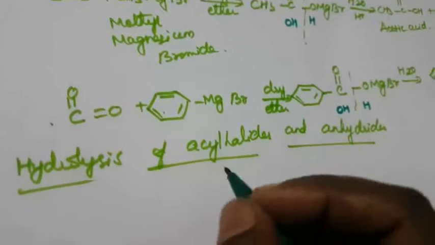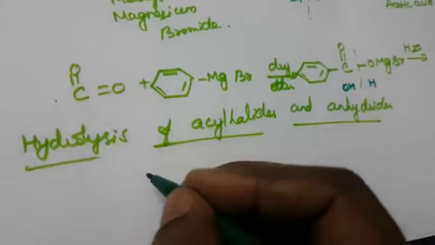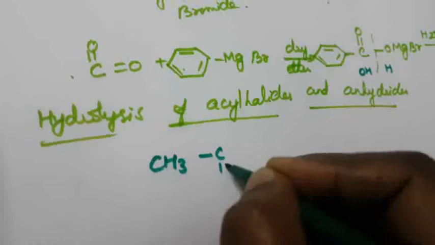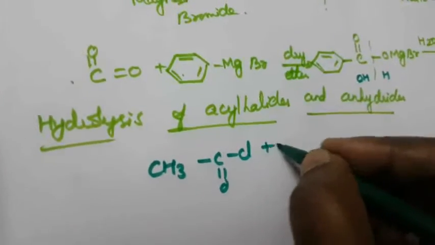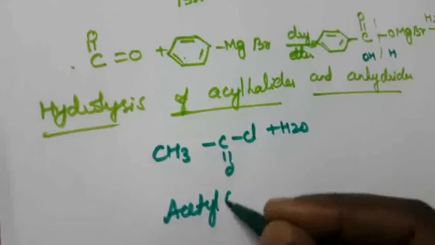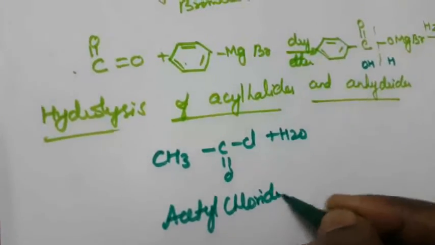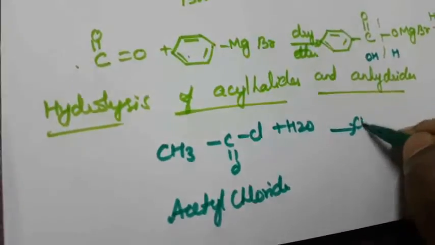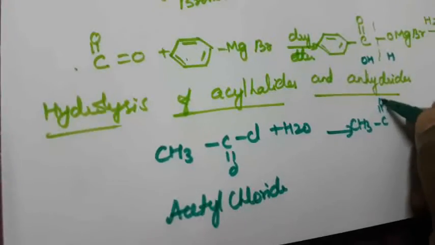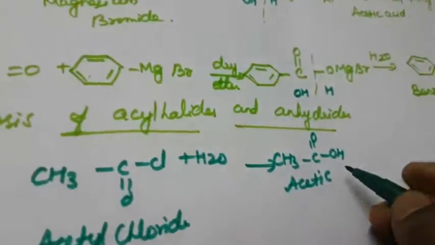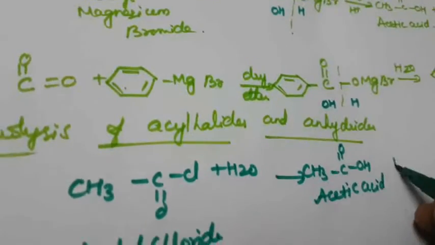First is acetyl chloride, CH3 C double bond O Cl plus H2O. When acetyl chloride is hydrolyzed, it forms acetic acid, CH3 C double bond O OH, plus HCl.